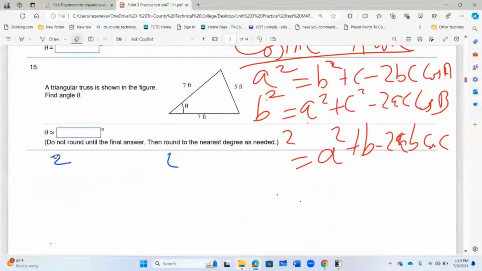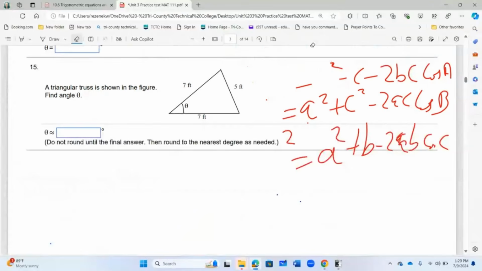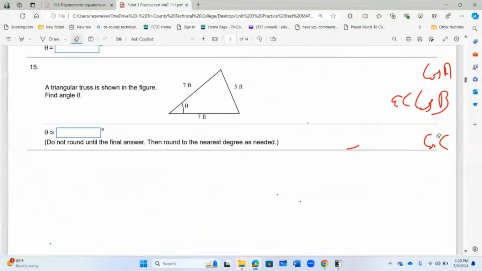Okay, so number 15, we already know it is a candidate for the cosine rule. Why? Because I'm given 3 sides of a triangle and I'm not given any angle, and I cannot just start measuring them or guess them.